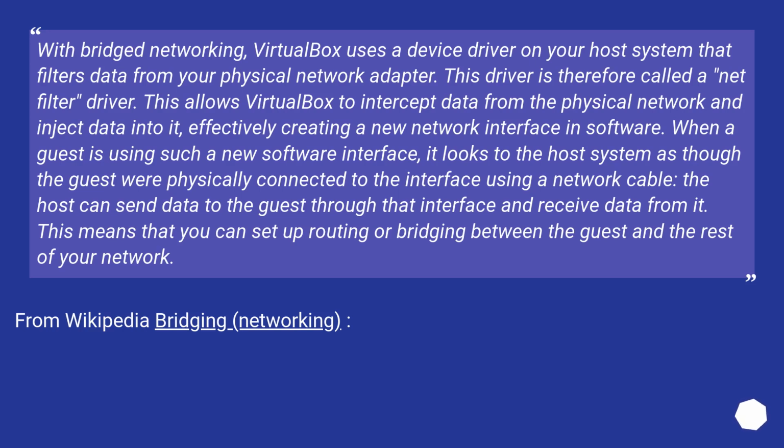This allows Virtualbox to intercept data from the physical network and inject data into it, effectively creating a new network interface in software. When a guest is using such a new software interface, it looks to the host system as though the guest were physically connected to the interface using a network cable. The host can send data to the guest through that interface and receive data from it. This means that you can set up routing or bridging between the guest and the rest of your network.